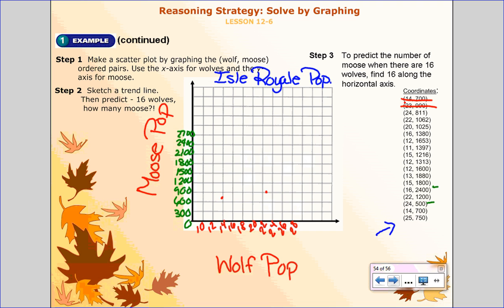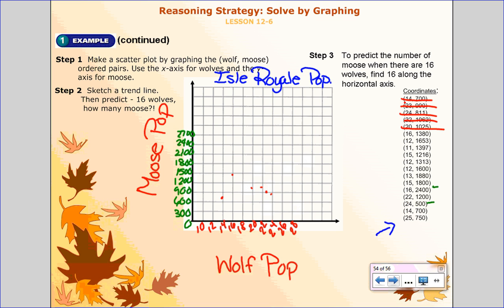24 and 811. 22 and 1062. 20 and 1025, and 1,380.